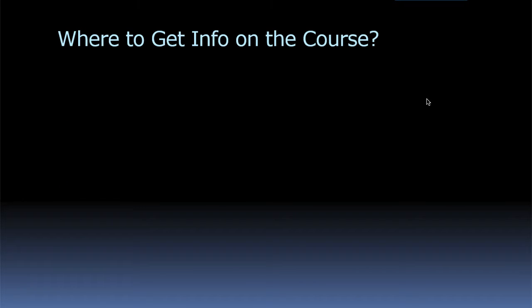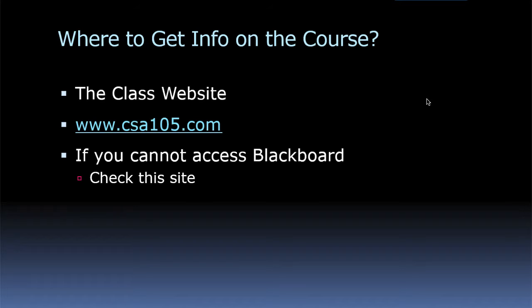Now, where can you get information on the course? Well, I set up a nice little website here. This is my own little website called CSA105.com. And we can use this in addition to Blackboard. Now, Blackboard will be the main place to get information about the course, to get assignments and things like that. But in cases where you can't get into Blackboard, you can go to this website.